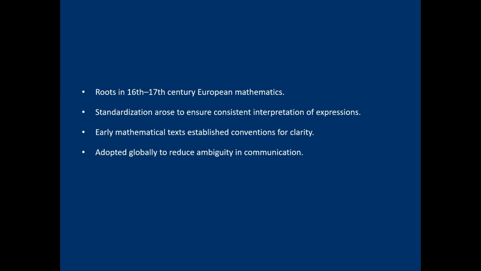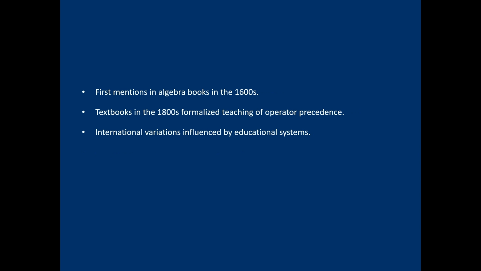Standardization arose to ensure consistent interpretation of expressions. Early mathematical texts established conventions for clarity, and it's really been adopted globally to reduce ambiguity in communications. You can imagine how confusing it would be if everybody had their own set of rules.